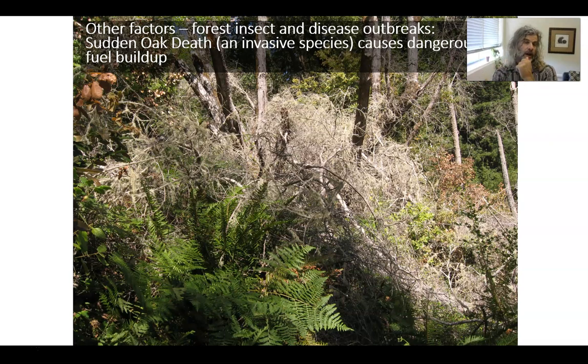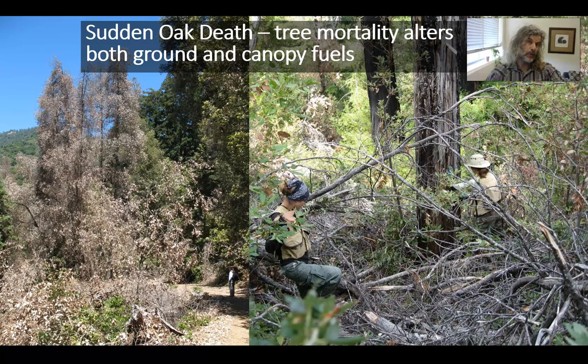This is the one that I work on, sudden oak death. It causes substantial and dangerous accumulations of fuels that do interact with fire to intensify fire, make it more difficult to combat, and also increase tree mortality and other ecosystem impacts. Here are some examples, and especially with tree mortality, these events create both canopy fuels and ground fuels, and both are problematic.